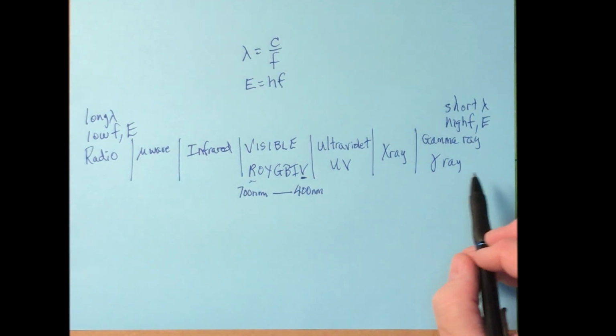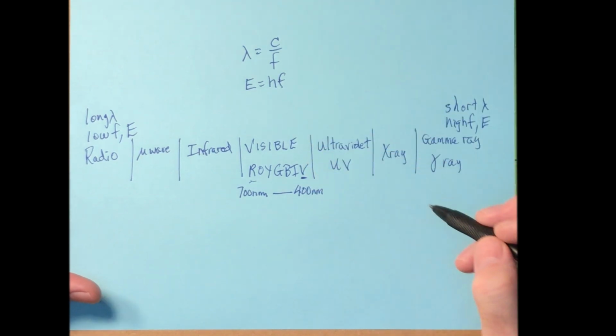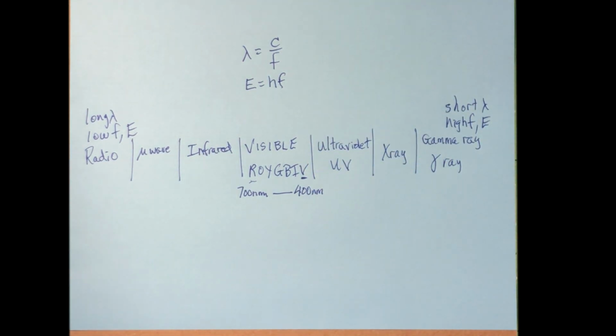So these are all forms of electromagnetic waves, all different forms of light that travel at the same speed in a vacuum, and that is this speed c, 3 times 10 to the 8th meters per second. And that is, like I said, a very well determined number, determined experimentally.